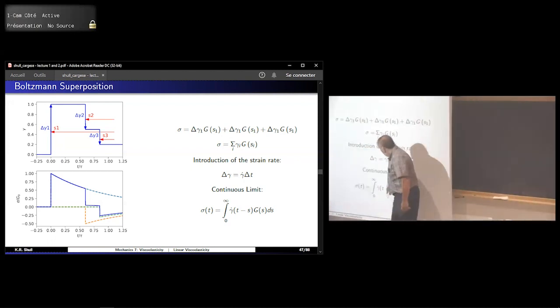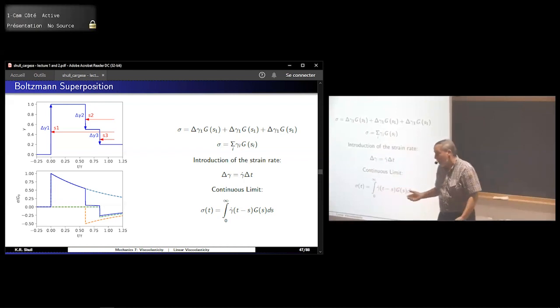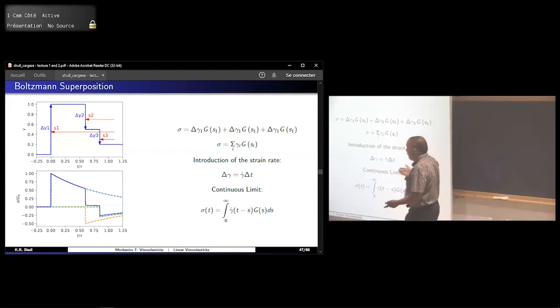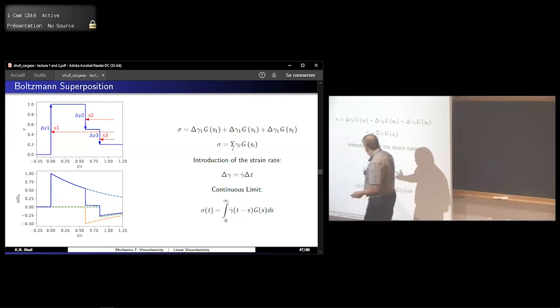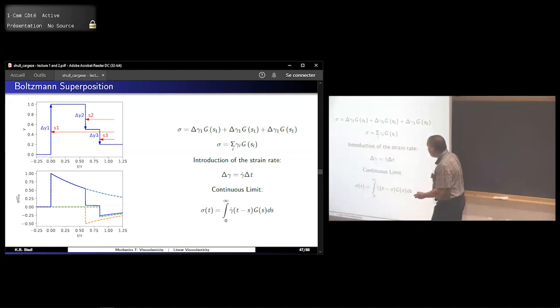And the integration here is over the strain rate, because I need to multiply the strain rate by some time increment to get my individual contribution. So this is the fundamental equation for a linearly viscoelastic material, which means since stress is proportional to strain, it doesn't matter when it occurred. I can just do this integral and figure out what's going on.